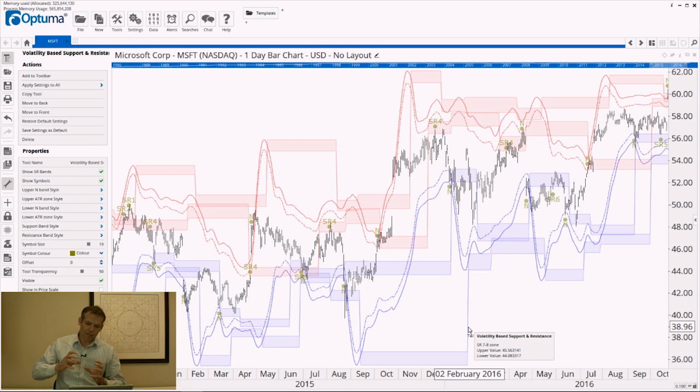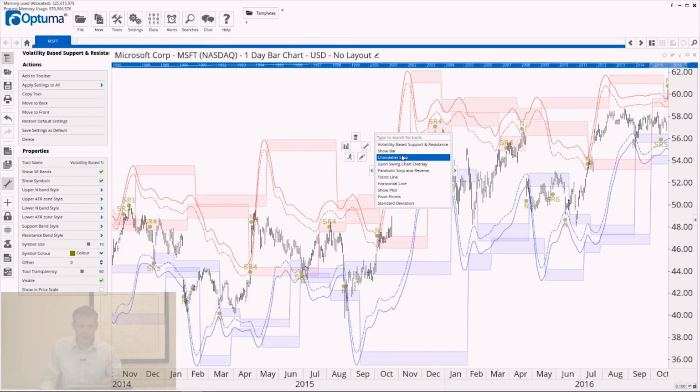My risk is always going to be from where the close is, how far away is my expected resistance. That's what I can calculate as my risk, because if I was going to be putting a stop there, that would be a great place for it. My expected reward is the distance from where the close is up into where I expect to find resistance. And so that becomes a really nice measure.